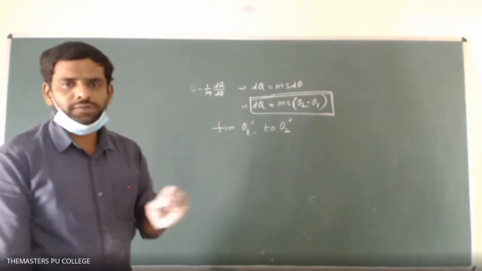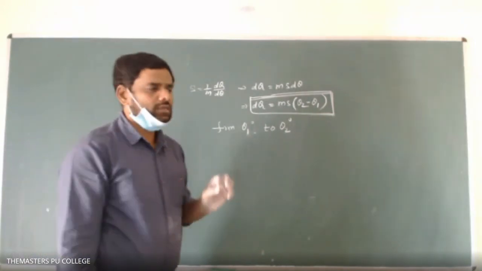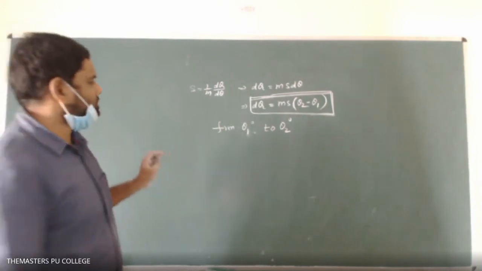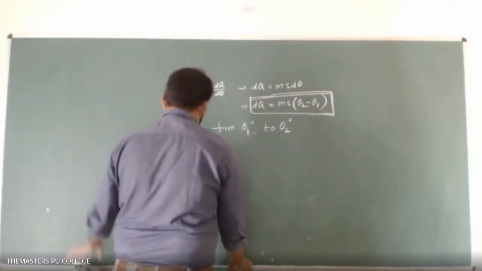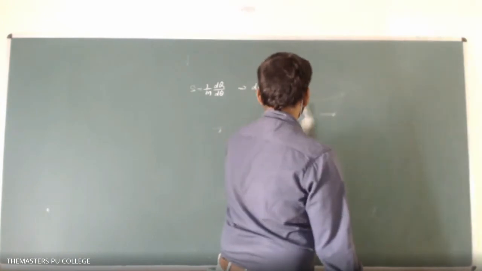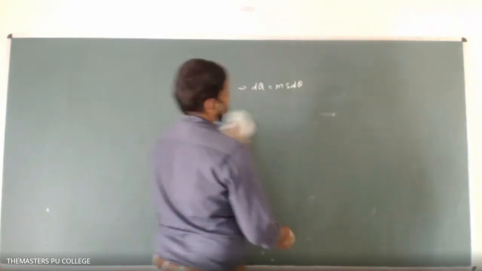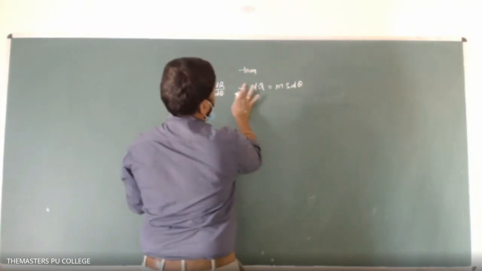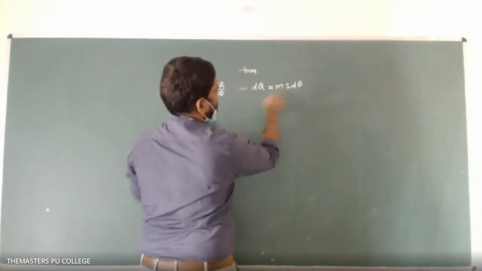If the specific heat is variable with the temperature, then dq equals ms d theta.